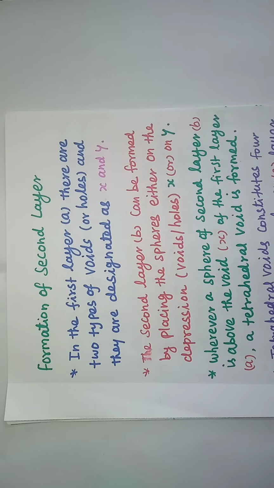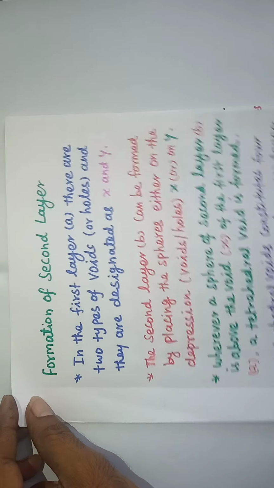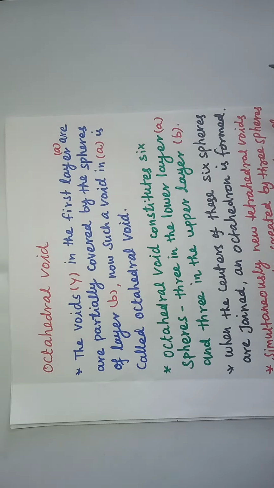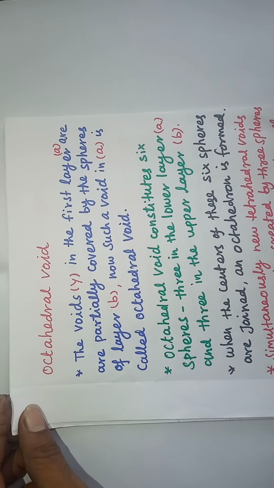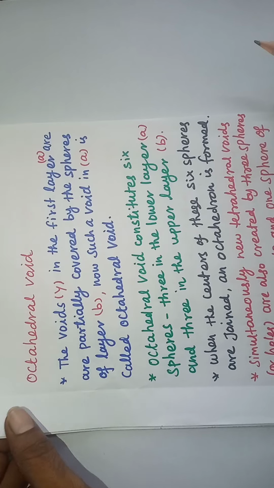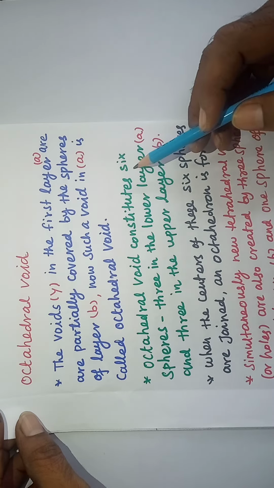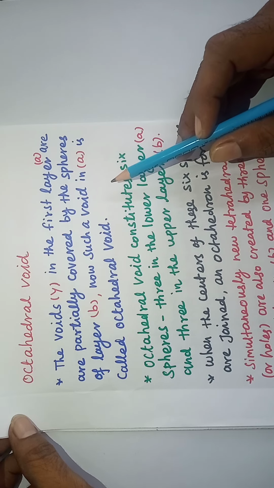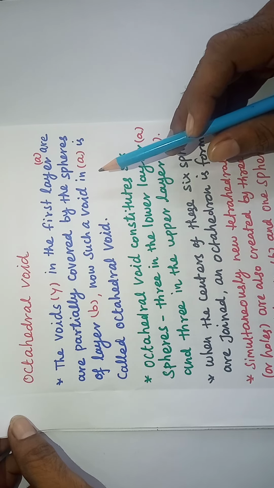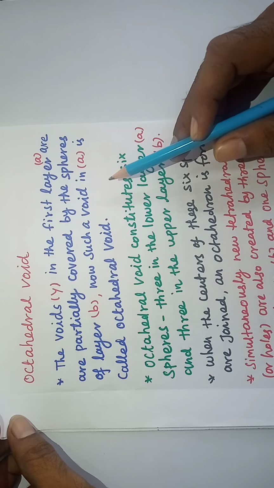Now, in the first layer there is a void in which the apex is in the downward direction. In this void we place the spheres of the next layer.